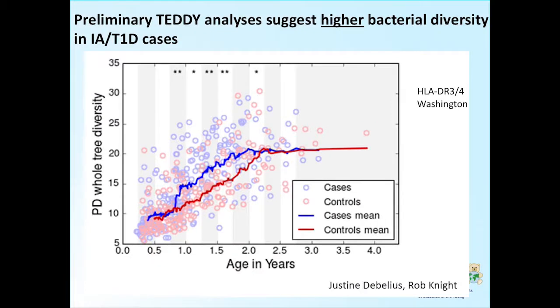So the early data from TEDDY shows that the bacterial diversity may actually be higher in cases who develop diabetes than in controls. It's in contrast to some previous smaller studies.